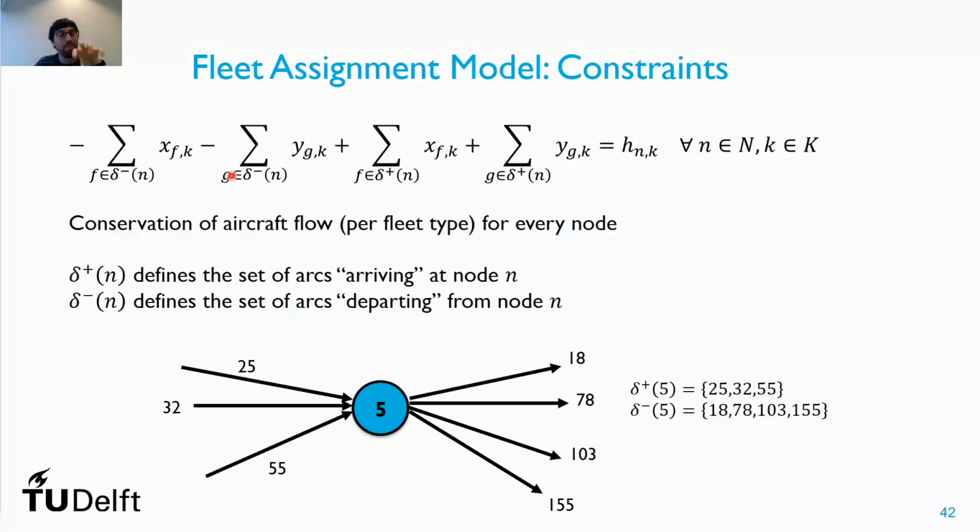And if this is a source node for a specific aircraft type, we expect this number to be positive, but since we have a minus here, we also want this number to be minus. And same when an aircraft of a given type arrives at its destination node, its sink node, this will be a positive number, which entails that this will also be positive.